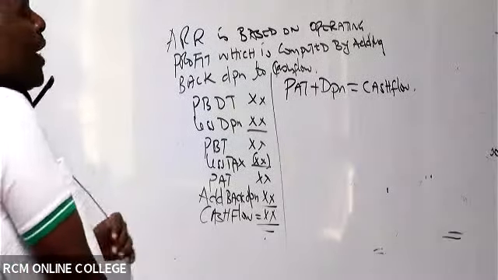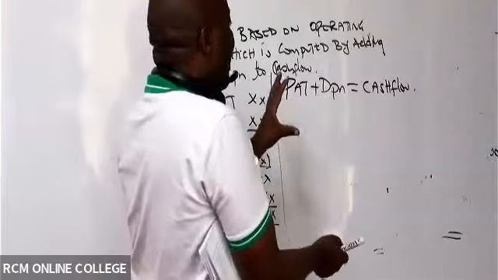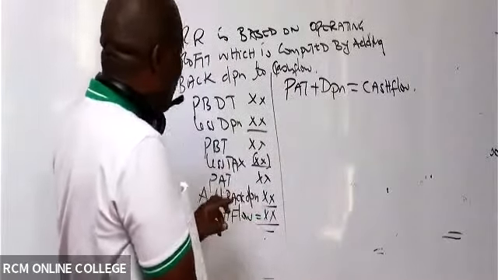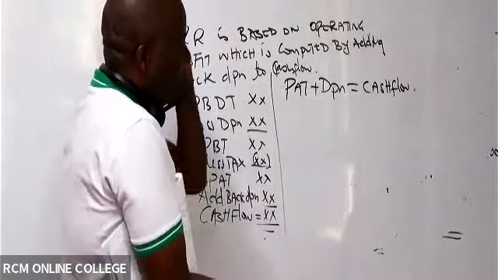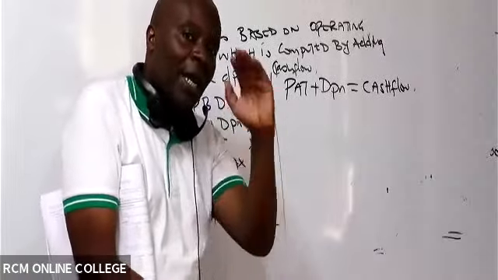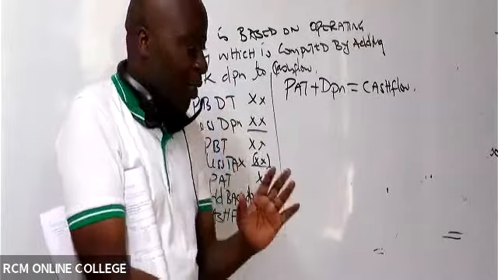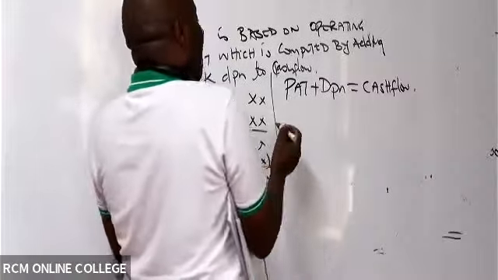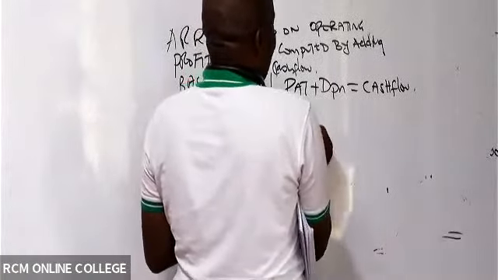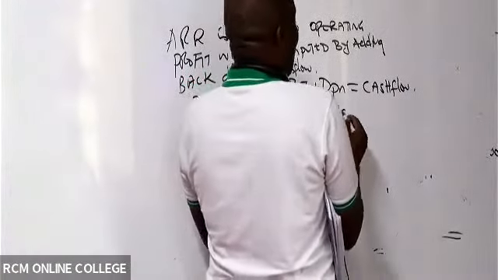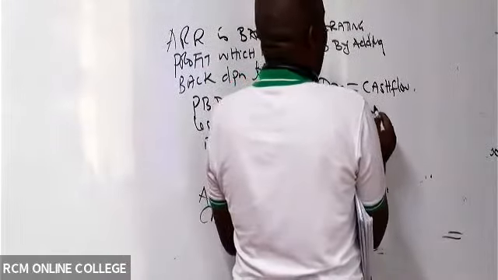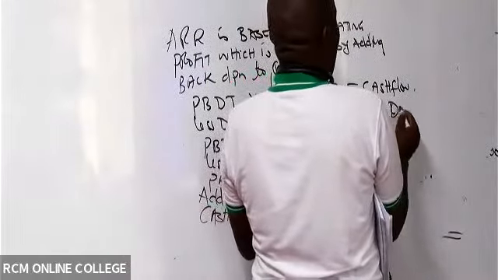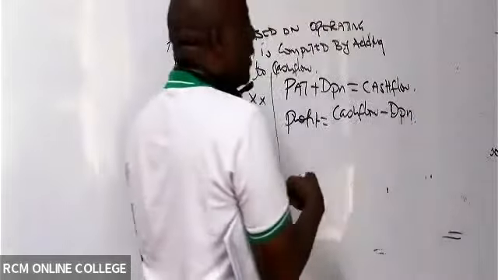Because when you are given cash flow, it means they took profits and added back depreciation. So to get profit, you should take cash flow and less depreciation.